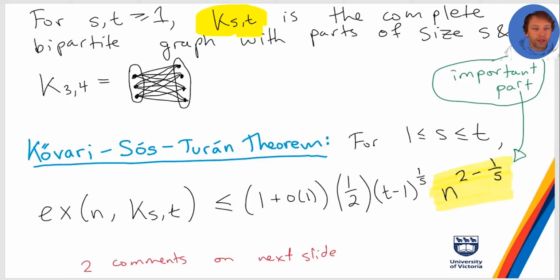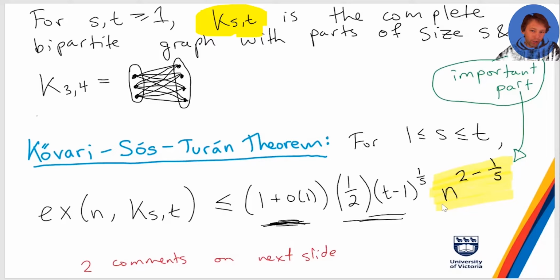So what we're going to prove in the rest of this lecture is the Kővári–Sós–Turán theorem, which gives an upper bound on the extremal number of a complete bipartite graph. The extremal number is at most, with a little bit of an error term, (1 + o(1)) times 1/2 (t − 1)^(1/s) times n^(2 − 1/s). The constant factors just depend on t and s, but not n.